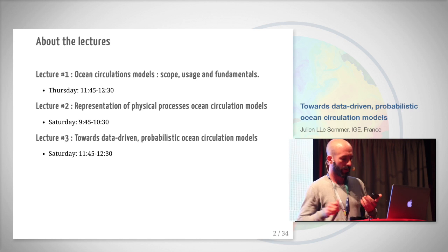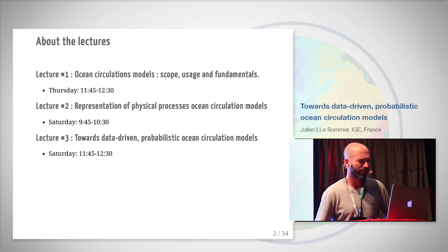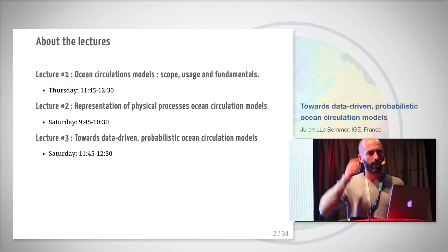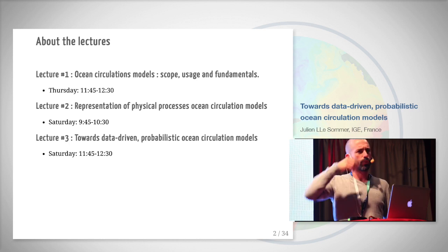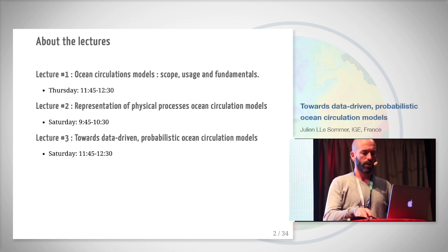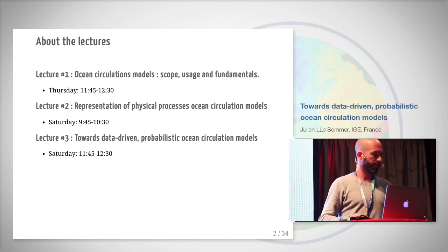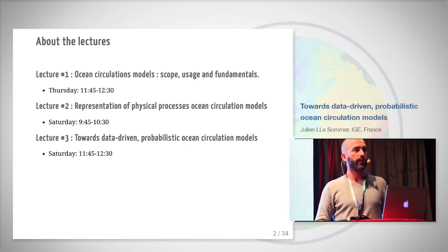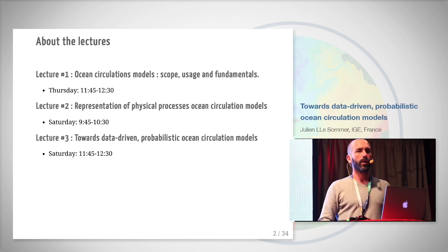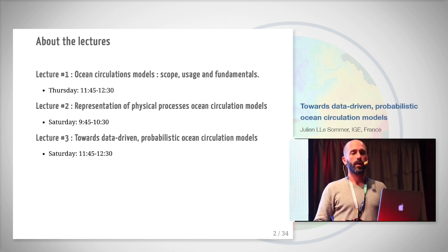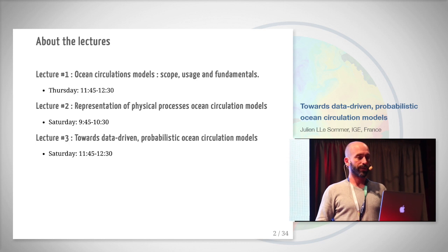So we're going to talk about, well, that's more putting together a set of random thoughts about things that I think are actually changing in the way we perceive ocean circulation models right now. Those things might sound very familiar to most of the audience here, because most of you are aware of how we use ocean models in operational systems, how we deal with uncertainty, and how we use data assimilation in operational systems.